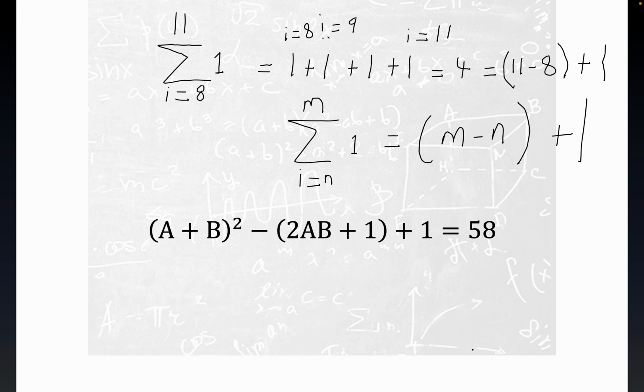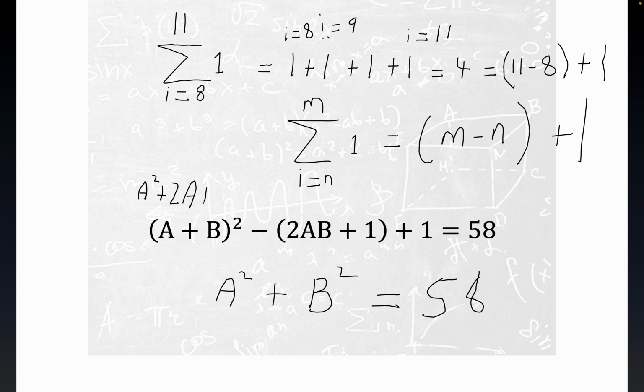Now notice that this simplifies very nicely to just a squared plus b squared equals 58. If you're not seeing that, this expansion right here is a squared plus 2ab plus b squared. So you get convenient cancellation here.